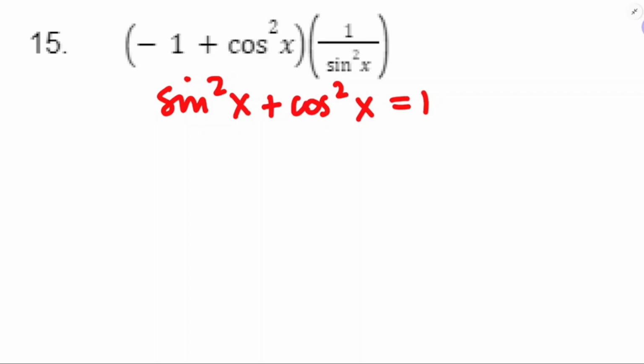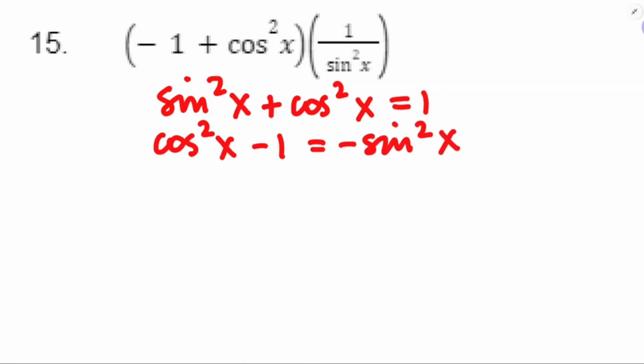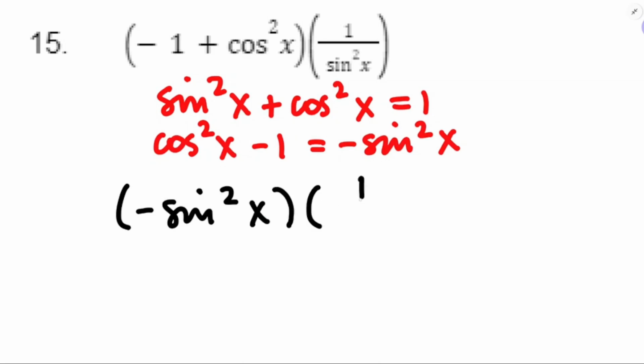So I'll subtract 1 from both sides and then subtract the sine squared away, I guess, to figure out what it equals. Equal negative sine squared x. Oh, yeah. So this will equal negative sine squared x times 1 over sine squared x, and that'll equal negative 1.